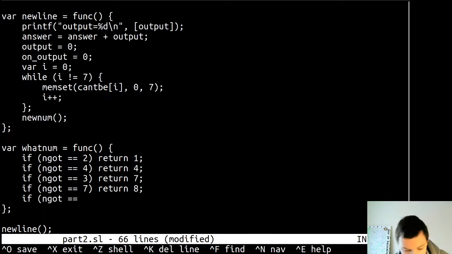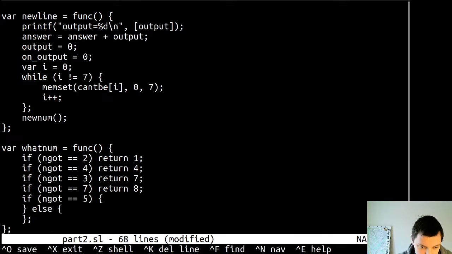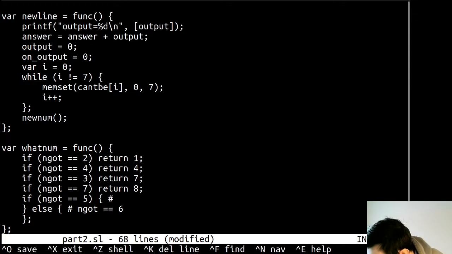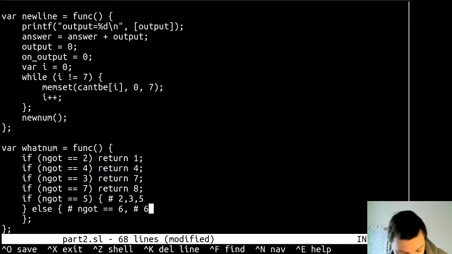Otherwise, we can have 5 or 6. If we've got 5, then it's either 2, 3, or 5. If we've got 6, then it's either 6 or 9. So we've got 1, 2, 3, 4, 5, 6, 7, 8, and 9 covered.